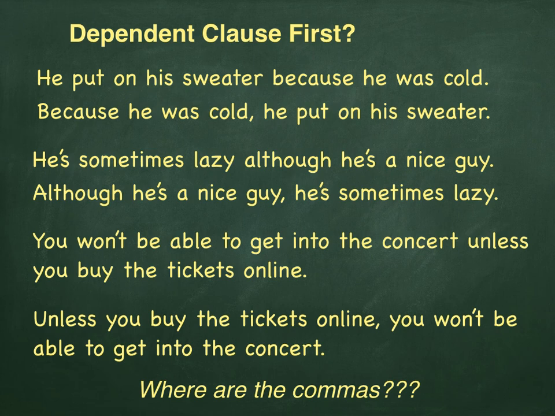Look at the top example again and listen to the intonation. He put on his sweater because he was cold. It's pretty smooth. But listen to the second example. Because he was cold, he put on his sweater. Can you hear that comma? The intonation goes up and it's easier to hear.